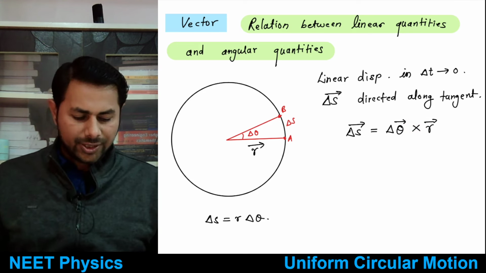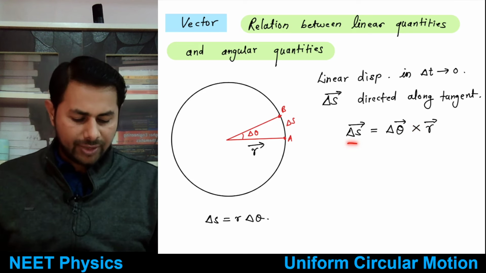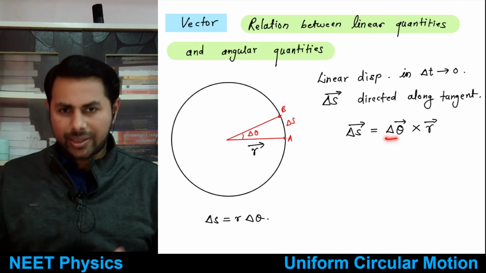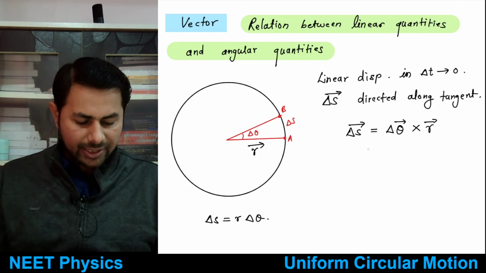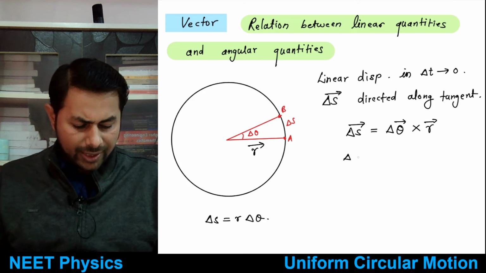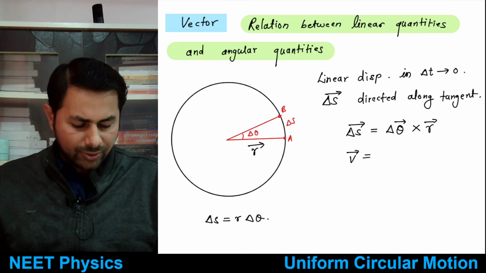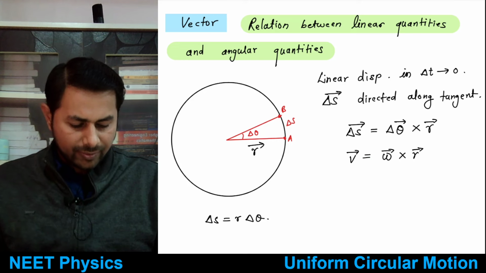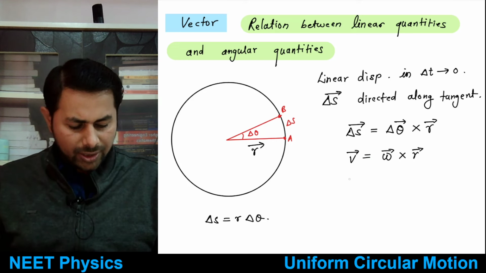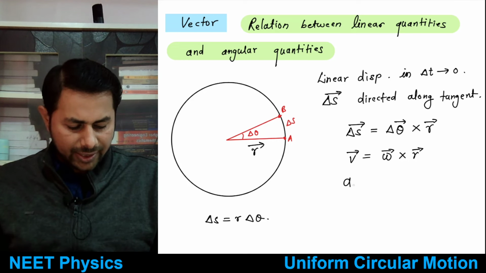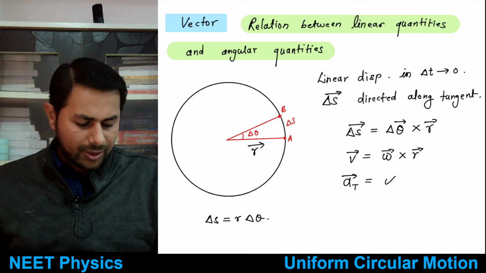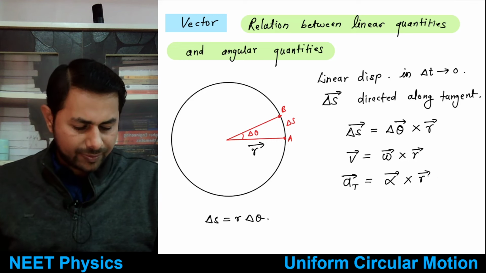If we take the cross product of two vectors, the resultant is also a vector quantity. So delta s bar is equal to delta theta bar cross r bar. Then v bar is equal to omega bar cross r bar, and then there is another one, the tangential acceleration at bar is equal to alpha bar cross r bar.